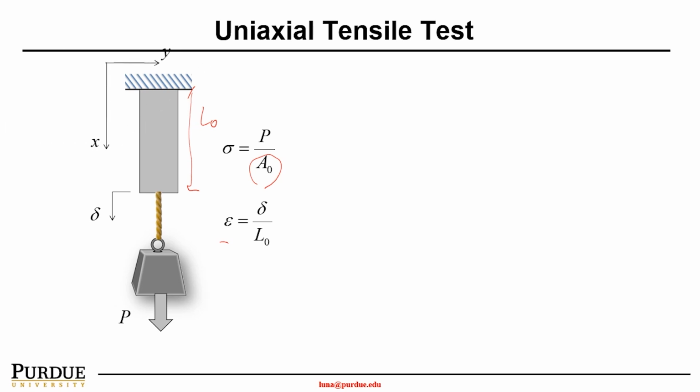Again, let's define the conventions. You have the x direction going this way, and then this is the y direction, and this is the z direction. In this case, the tensile stress sigma should be equal to the stress applied in the x direction. As such, the stress in the y direction, the z direction, and the shear all equal 0.